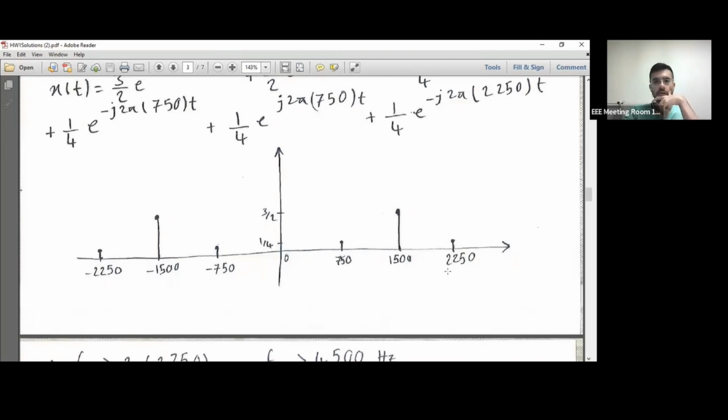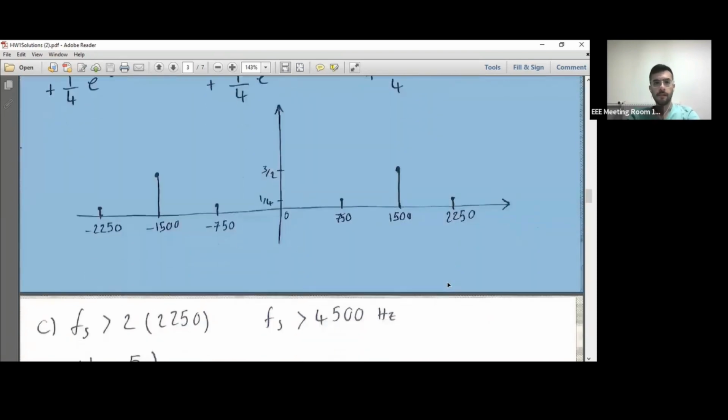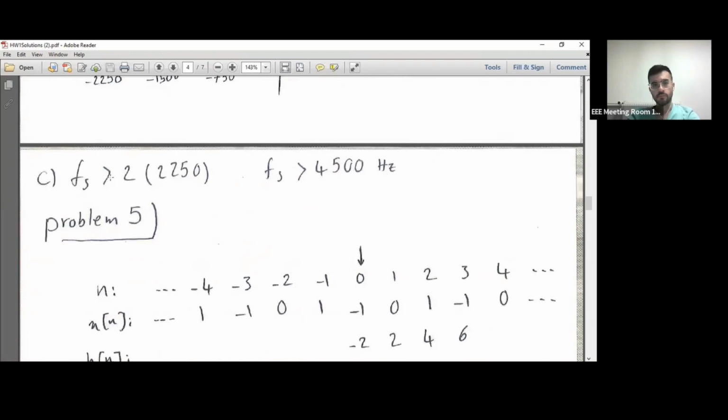So this is the highest frequency. 2 times this one should be the sampling rate, and it should be at least this value. So it should be more than 2 times 2250 hertz.